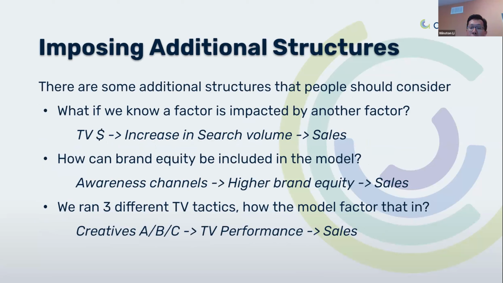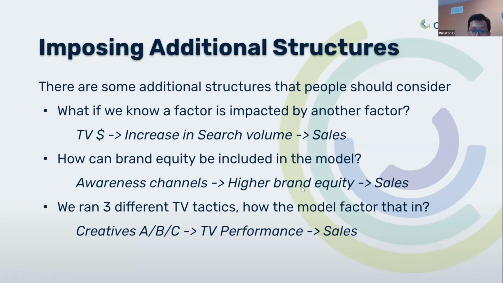Sometimes there are additional structures that we would like to impose in a model. For example, we want to know if a factor is impacted by other factors, like TV spend typically increases your search volume, and your search volume will in turn impact sales. How do we include that in a model? There's also brand equity. For example, you're investing in an awareness channel, and that drives your brand equity, and that in turn impacts your sales.